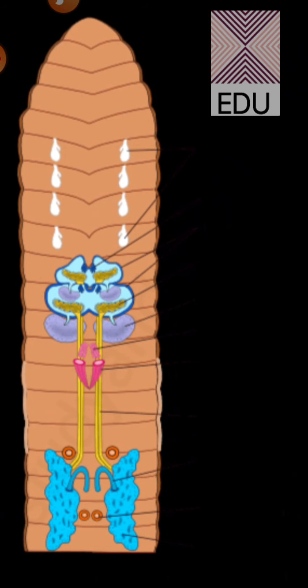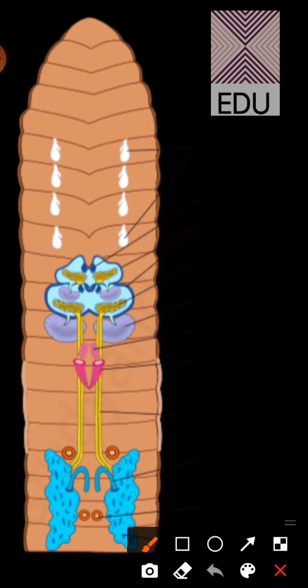Now students, in the male reproductive system, first of all we have to go for the testes. Now we have got two pairs of testes. That means 4 in number. Now where are they present? They are of blue color.